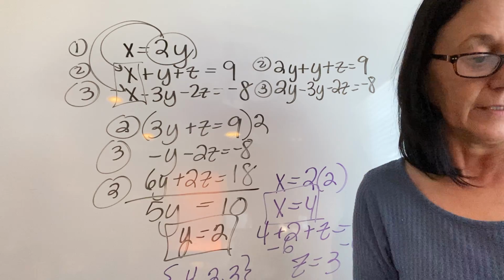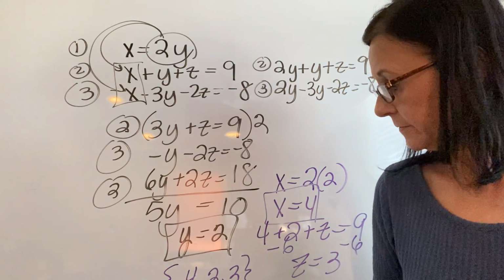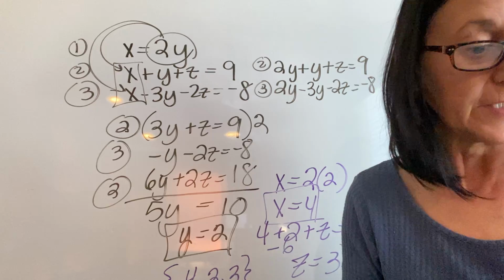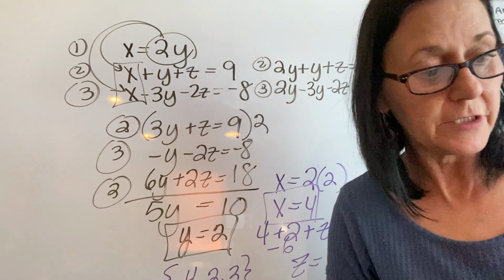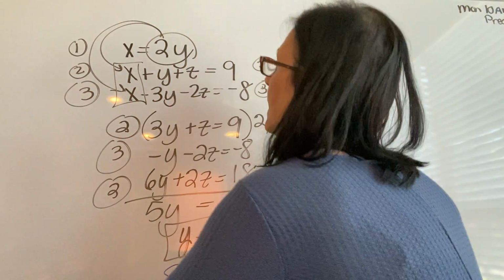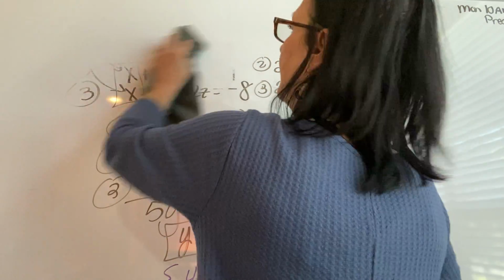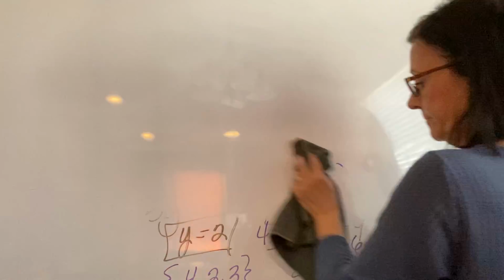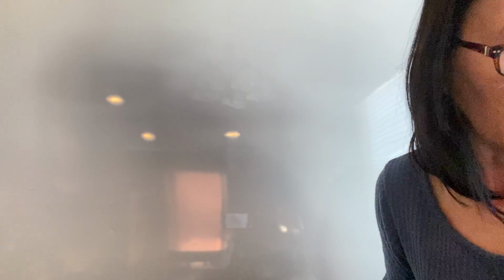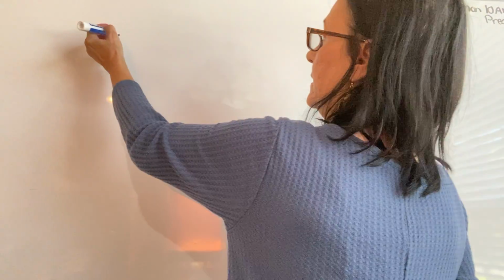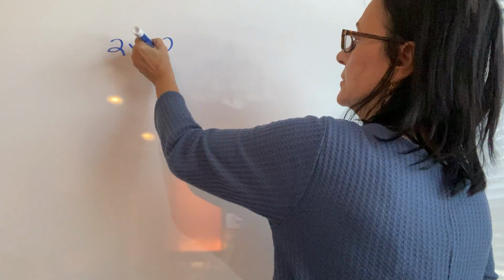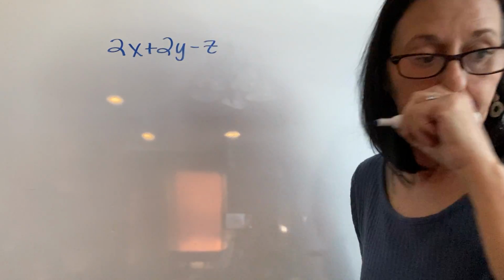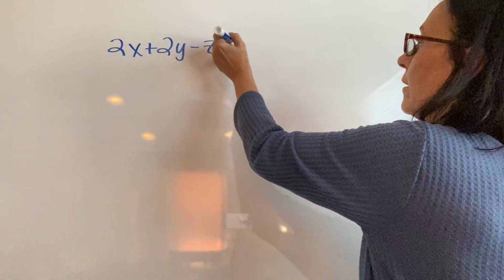All right, next example is on the top of page 317. Again, we have 3 equations. I want one to be able to use to substitute into the other 2, then try to use elimination. All right, so these equations are 2x plus 2y minus z equals 12.